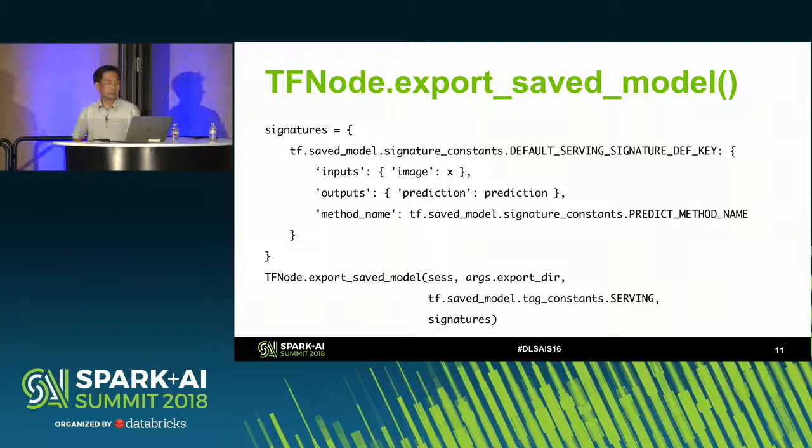Okay, so this is an example of the export saved model call. The main thing we did here was to turn a bunch of boilerplate code in Python into a single API call with an object called signatures, a Python object. So this is very similar to what the saved model format looks like. The difference is if you look at inputs and outputs, that little x and that prediction, we will go do the magic of digging up those tensors in your graph of operations and then doing the right thing of exporting.